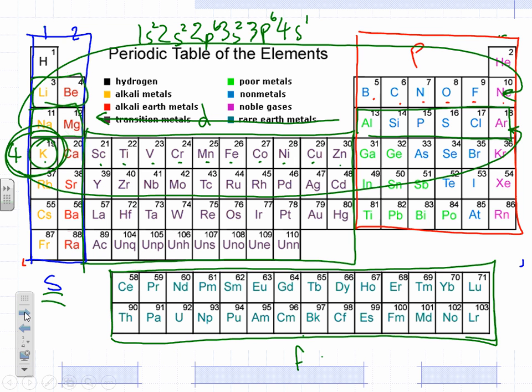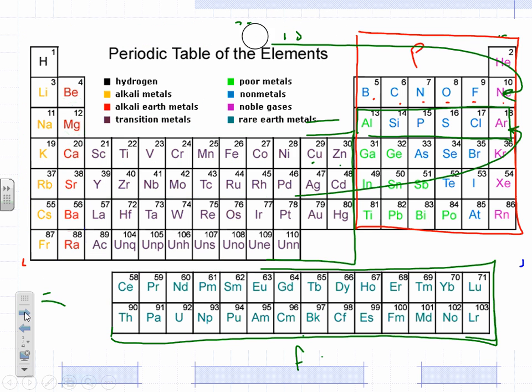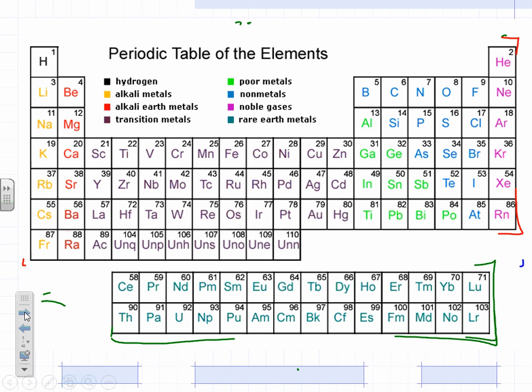Now, just be careful with that though, because we mustn't forget that we're now using the convention 1, 2, 3, 4, 5, 6, 7, 8, 9, 10, 11, 12, 13, 14, 15, 16, 17, and 18 for our group numbers.